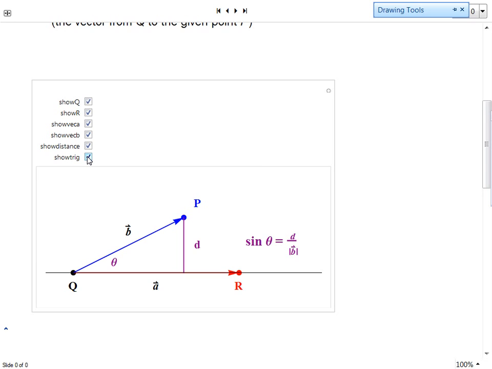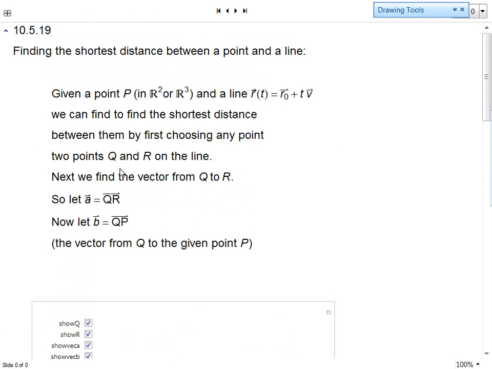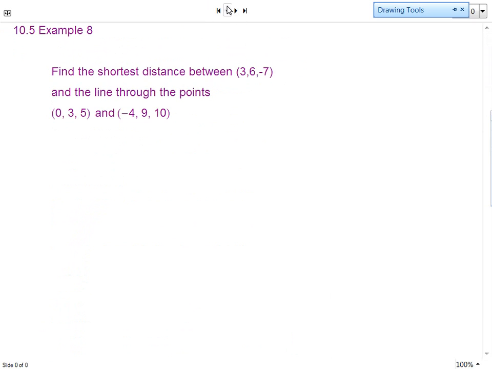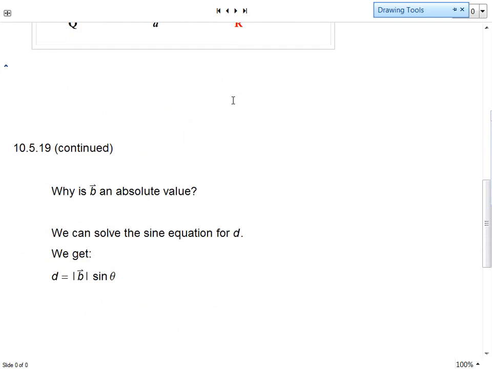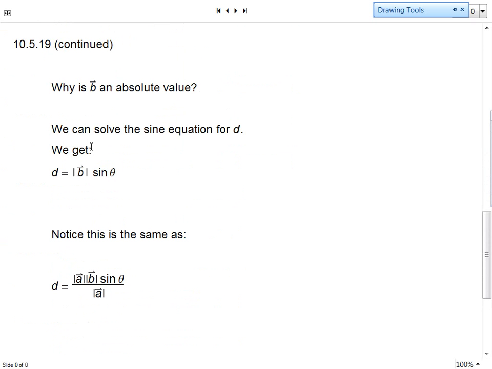The length of B. So that's where I get this formula from. Yes? So if I solve that for D, take that equation over there and solve it for D, wouldn't you get, I think it's below it, isn't it? Solve that for D, and we get D is equal to the magnitude of B sine theta. Yeah?